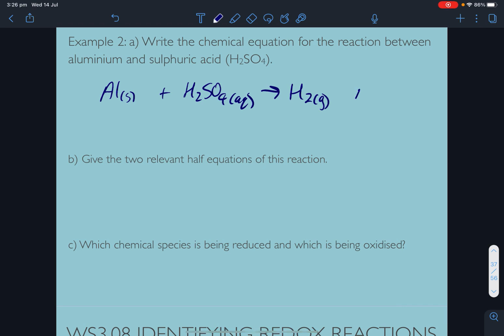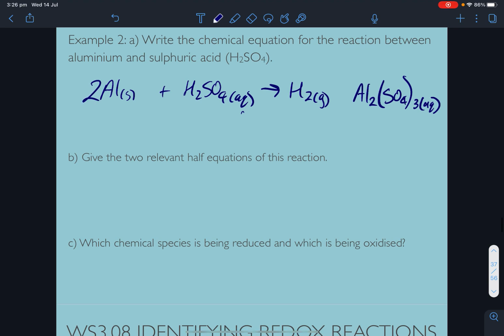So it's going to be Al2, and we need 3 sulfates. That will be in solution because we had a solution for the sulfuric acid. So we need 2 aluminiums and we need 3 sulfates. And so we've got 6 H's, so we're producing 3 molecules of hydrogen.